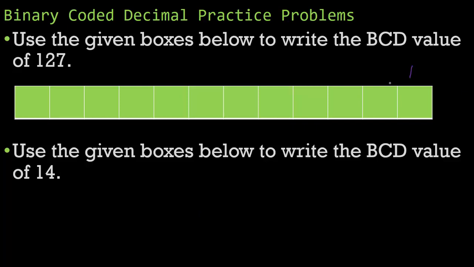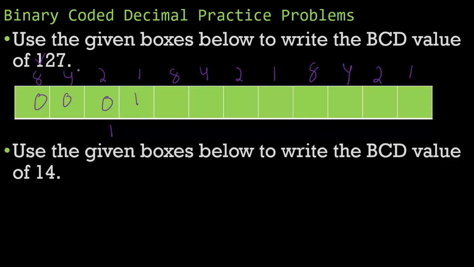So if I'm using 4 bits per digit, my 4 bits are going to be the values of 1, 2, 4, and 8. My next set is going to be the same thing, 1, 2, 4, and 8. My next set is going to be the same, 1, 2, 4, and 8. The value I'm looking for first is a 1. Well, that's easy. Here's my 1.